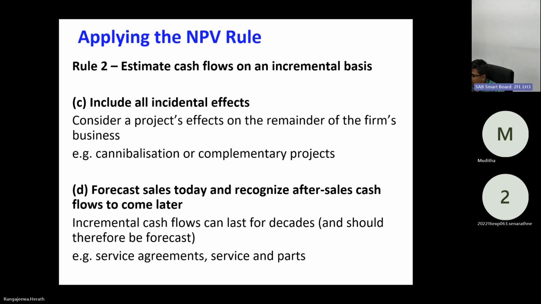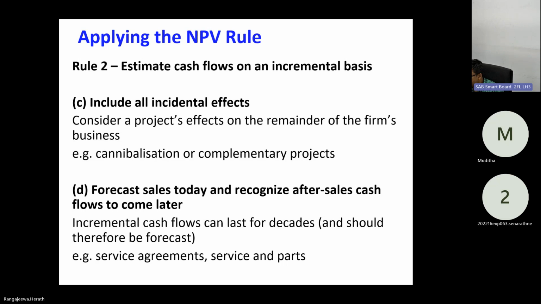Sometimes when the business implements some new project, that will increase the revenue of other related projects, or it will reduce the contribution of others, right? In marketing, you know, cannibalization.